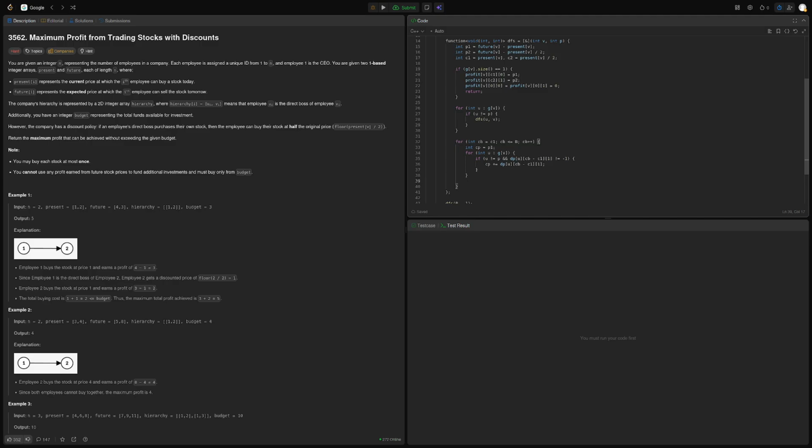After we got the current profit, we had our profit of P1 there. I mean, none of our children could still buy. Not buying is always an option, I guess.